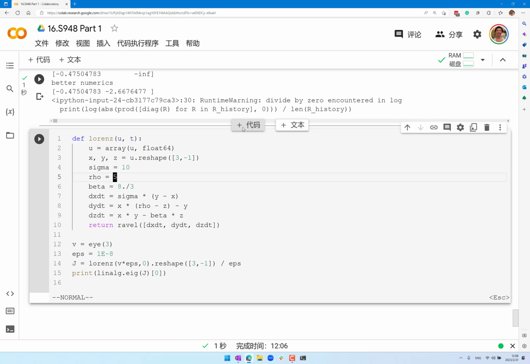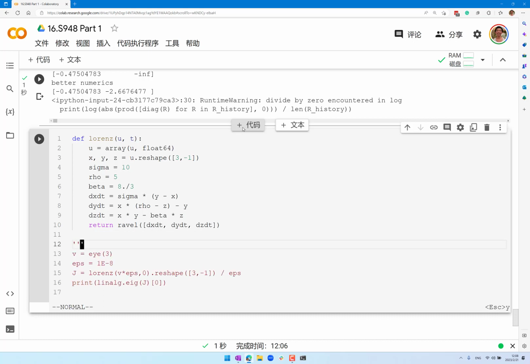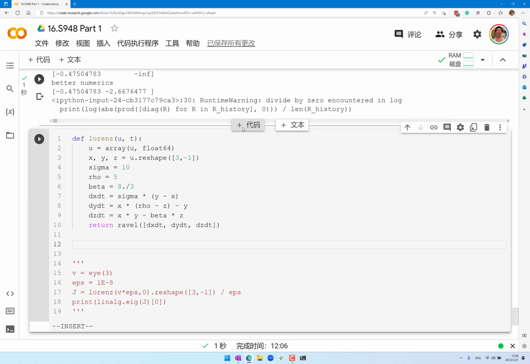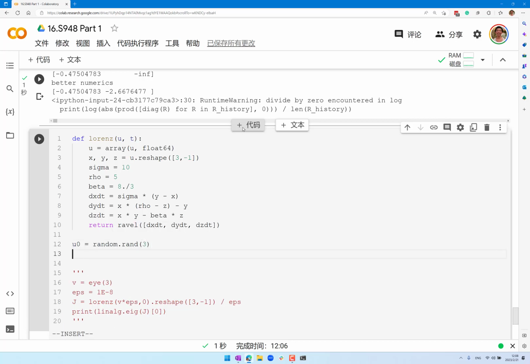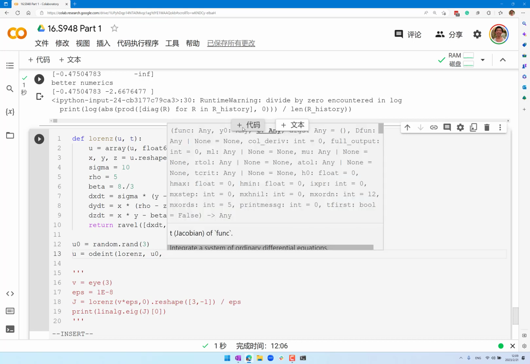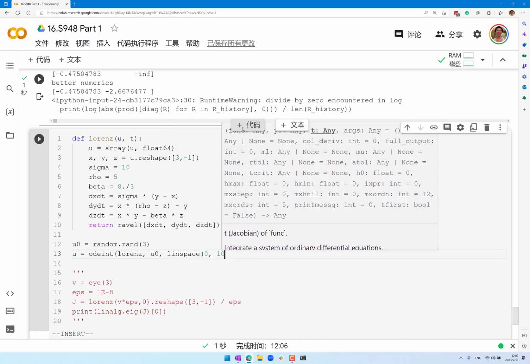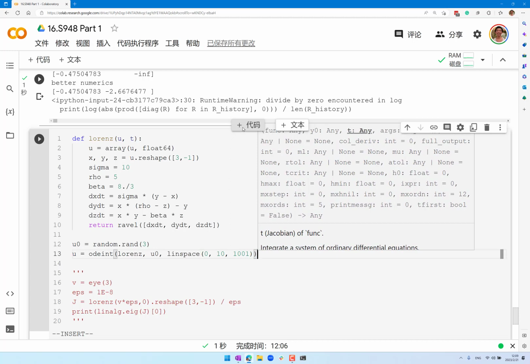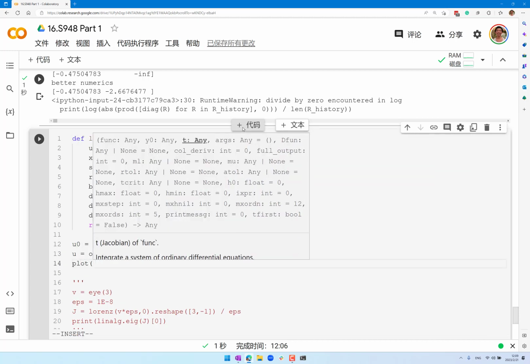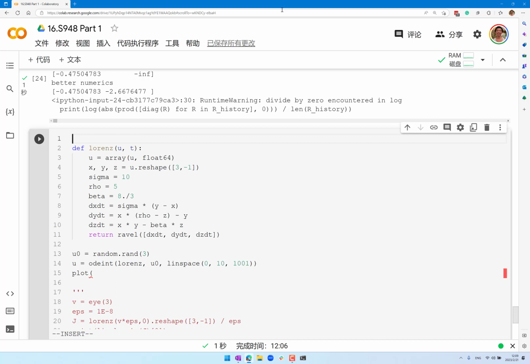All right, so let's see what we get. Let's comment this out first, and start with a U0 that's random.rand 3, and U is equal to odeint Lorentz U0, and let's integrate for 10 time units, and let's plot. I think I didn't import from pylab, import all.